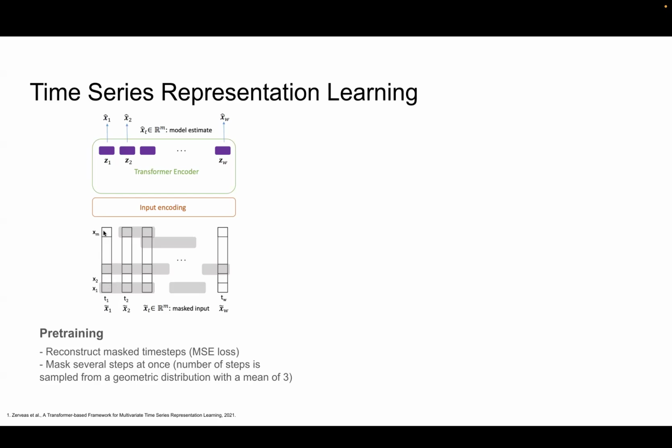The way we do this is by still having a feature vector at every time step. And maybe for some variables at that time step, we choose to mask that variable. Then we feed those feature vectors at each time step into a transformer model to get Z1 all the way to ZW as our output embeddings.